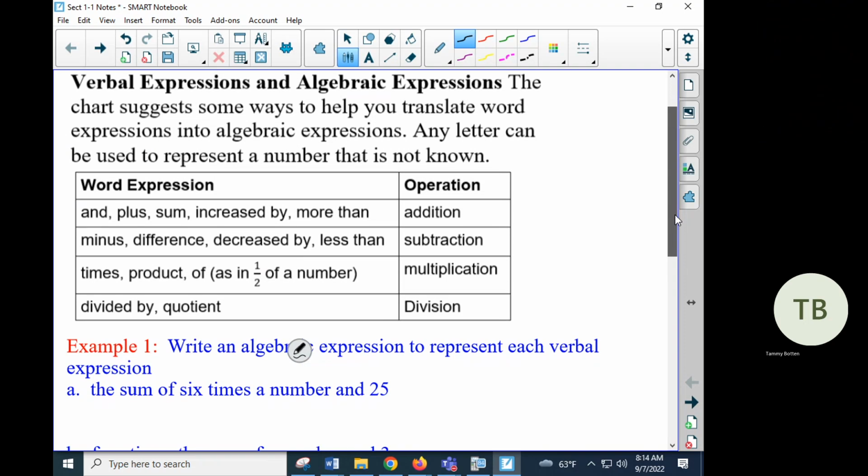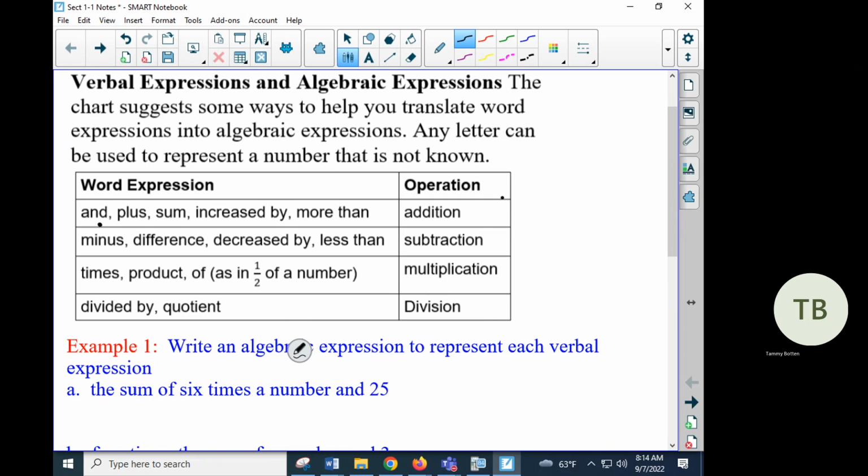The first thing they talk about is different words that we use for addition, subtraction, and multiplication. For addition, we can say and, that means add, plus, sum, increased by, or more than. All of those mean add.